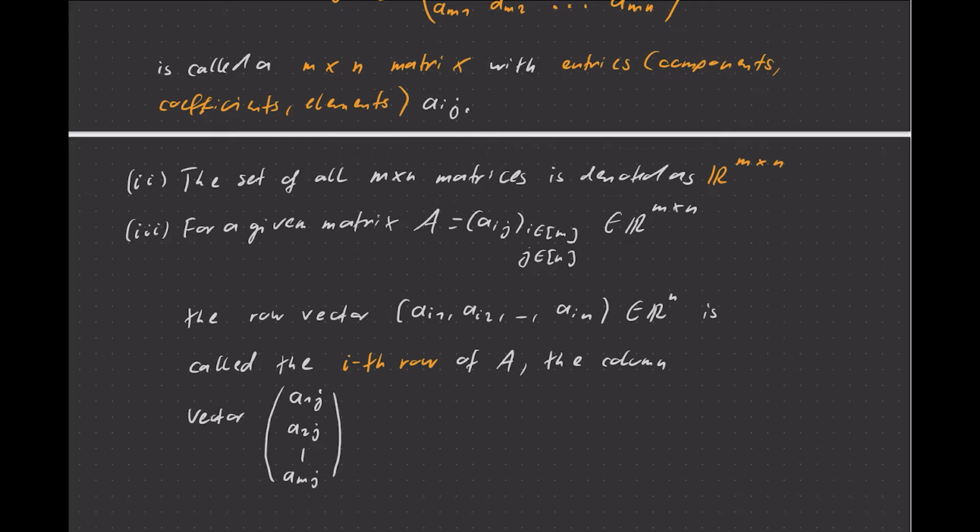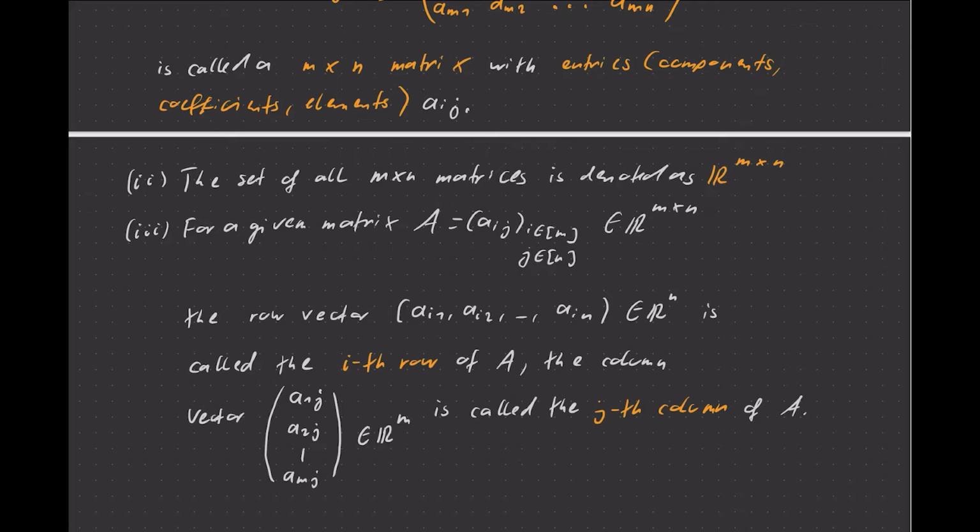And that column is a vector in R^m. That is called the jth column of our matrix A.